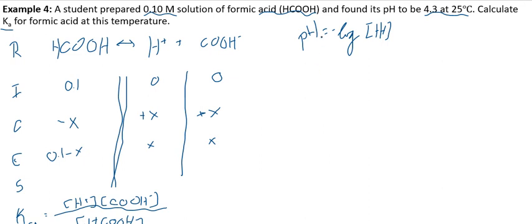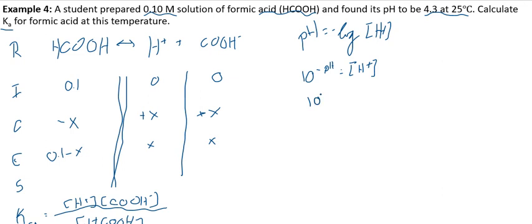In this case, I have my pH and I'm solving for my H+, so I need to rearrange this equation so that 10 raised to the negative pH gives us our concentration of H+.